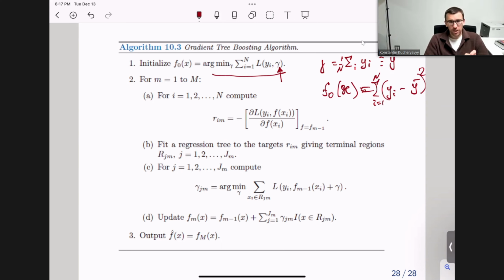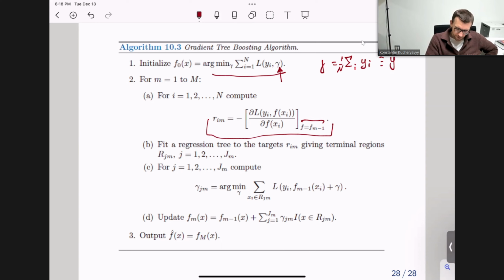Now, after we initialized our algorithm with the average values, we start iterating. In each step, we compute the derivatives on the previous iteration by substituting the previous iteration function f, which is our predictor. Sorry, I didn't say it correctly.